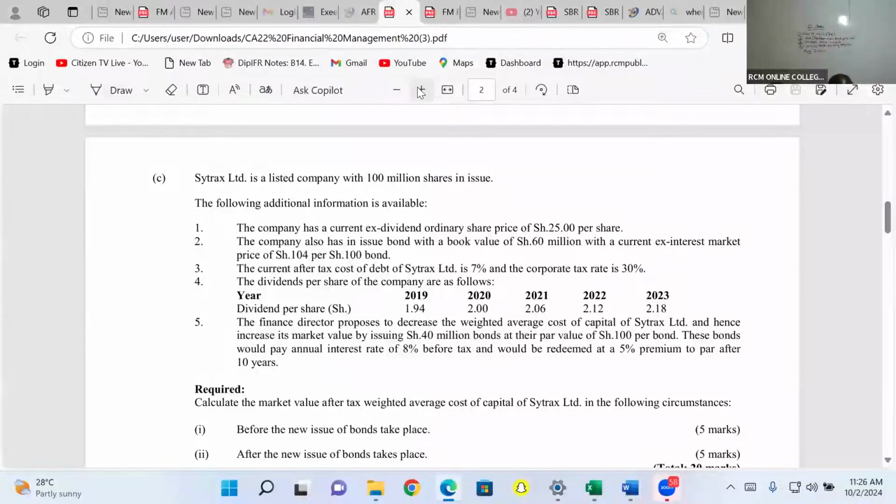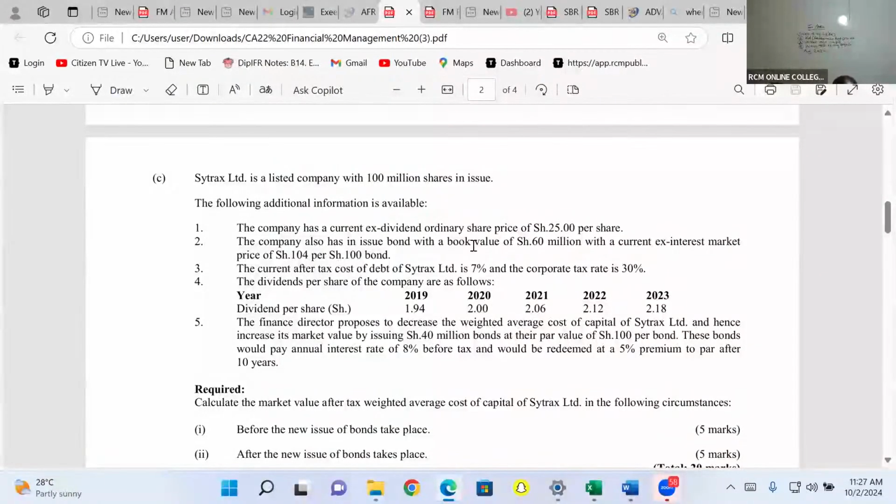Note 2, the company also has in issue bonds with a book value of 60 million with a current ex-interest market price of 104 per 100 shillings. The current after-tax cost of debt of Citrus Limited is 7% and the corporation tax rate is 30%.